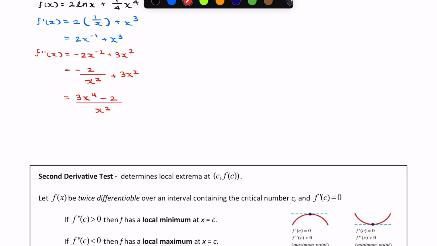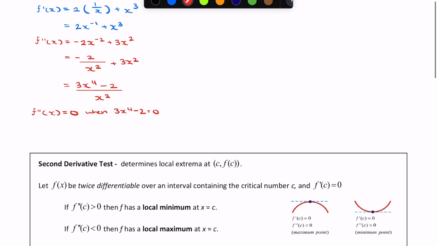Here we can see that f double prime of x is equal to 0 when 3x to the power of 4 minus 2 is equal to 0.